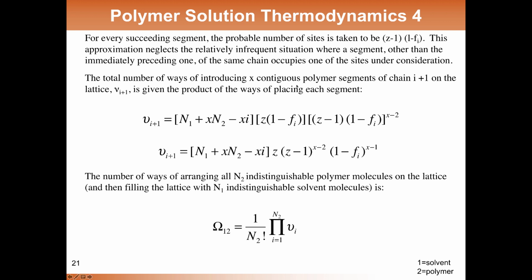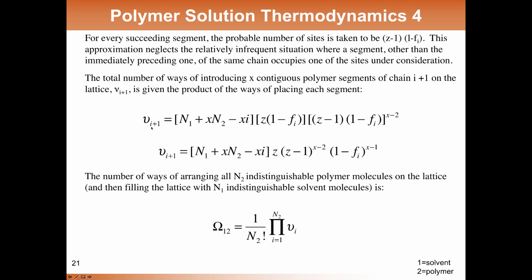The total number of ways of introducing these x connected or contiguous polymer segments of chain i+1 onto the lattice, so-called nu of i+1, is the product of the ways of placing every segment. So again, this is a combinatorial problem. How many ways can you place the x segments of chain i+1?